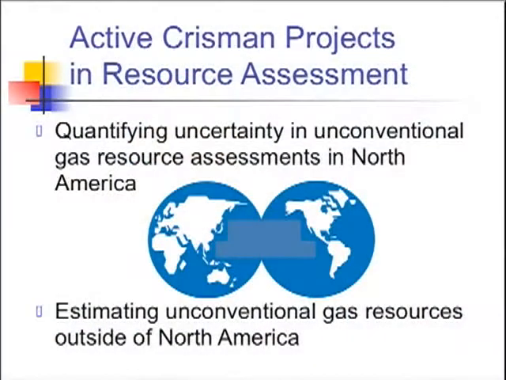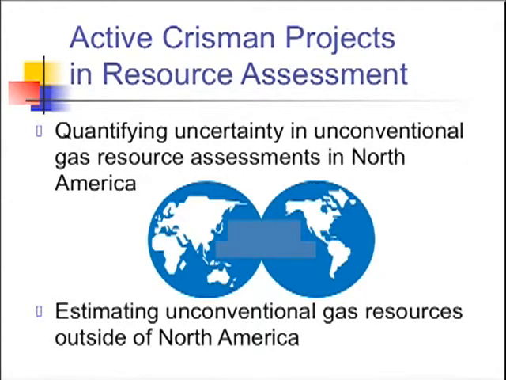And in our Unconventional Resources group in particular, in this Crisman Institute, we have found that two of the more popular and more completely funded activities include, first, quantifying the uncertainty in unconventional gas resource assessments in North America.